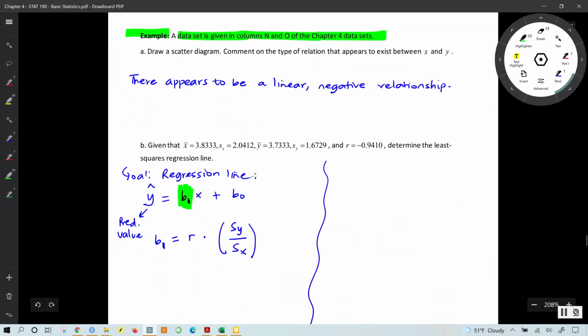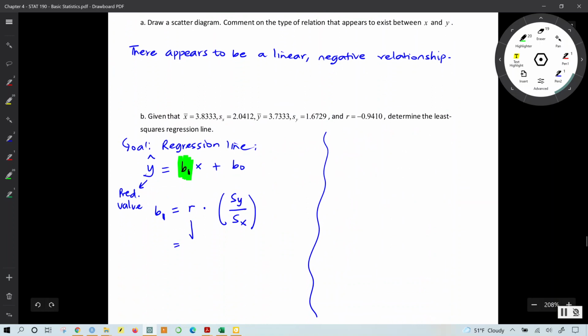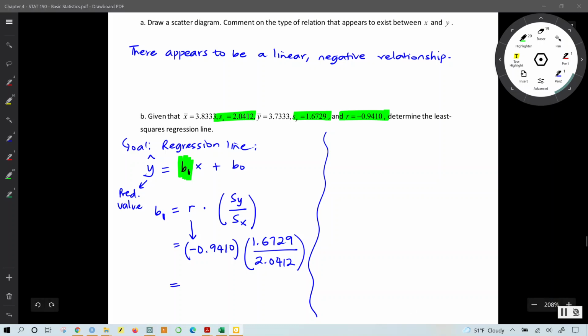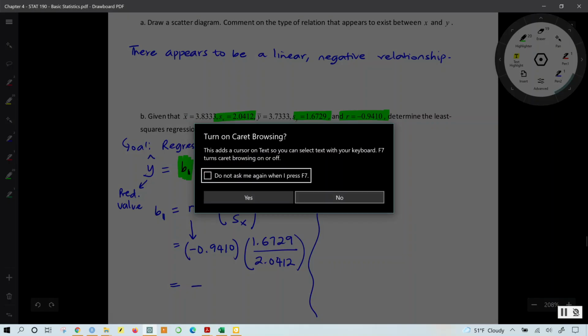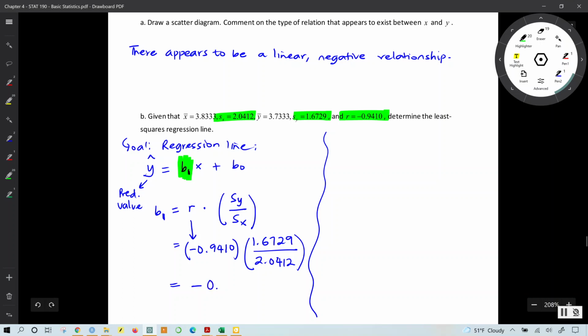So I'll compute that first. This will be equal to my r, that is negative 0.9410, multiplied by s of y, which is 1.6729, divided by s of x, which is 2.0412, and my answer will be negative 0.771 to 3 decimal places.